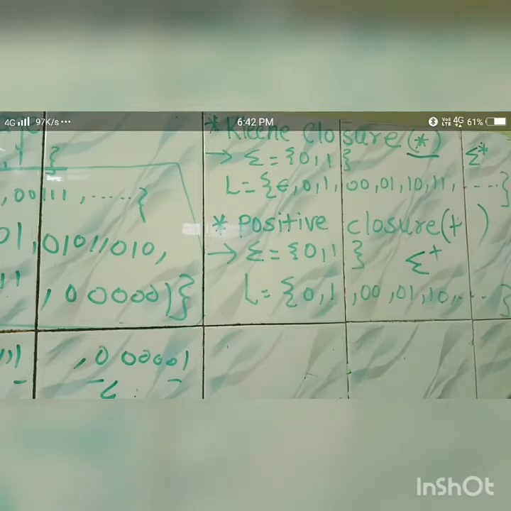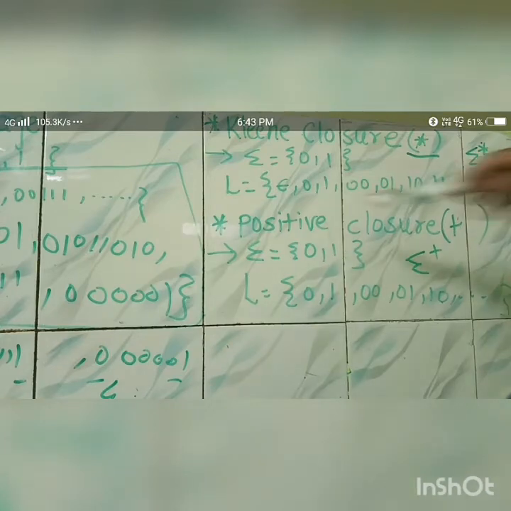Then what is the Kleene closure? We will understand its detailed background. It is nothing but the possible combinations of variables or alphabets given in that set.